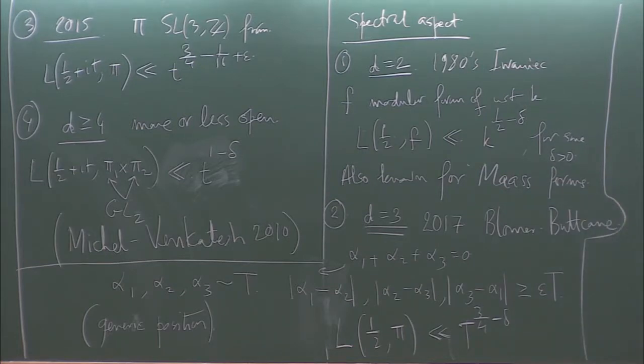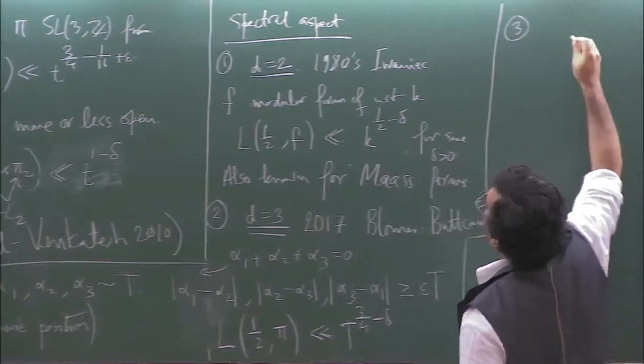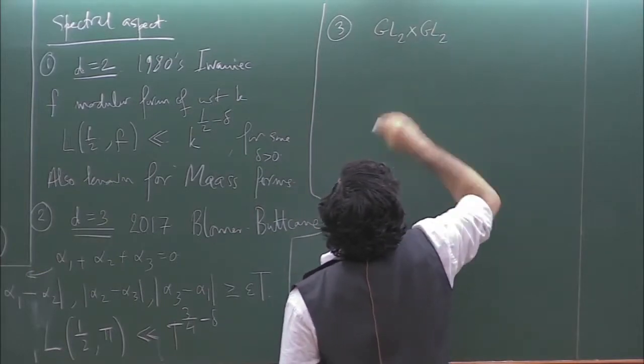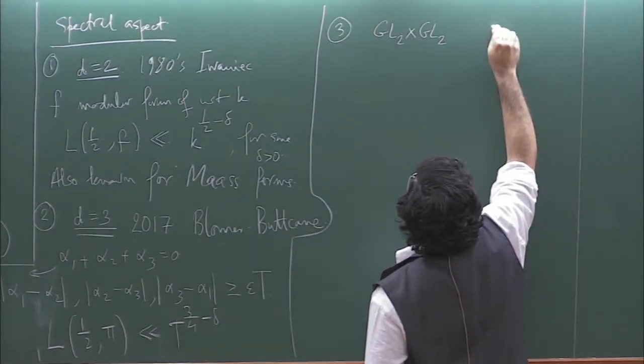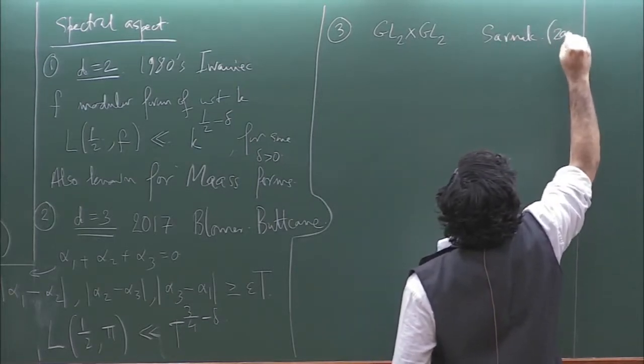So again, for d greater than or equal to 4, not much is known, but in special cases we can say something. So for example, for GL2 cross GL2, the spectral aspect was done first by Sarnak. That was in 2001.